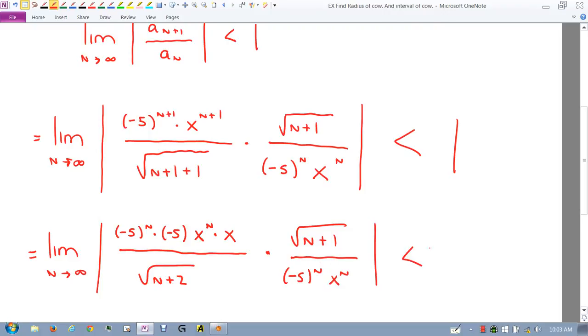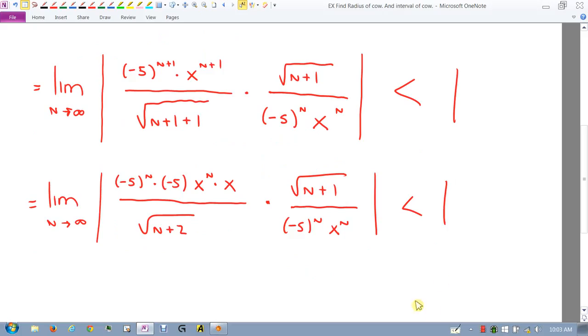I want this to be less than 1. So I'm going to have to figure out what this limit is and make sure I can force it to be less than 1. That's just using properties of exponents, right? That's all I did, just rewrote these like this. And you see our cancellation? Negative 5 to the n is gone. X to the n is gone, right?